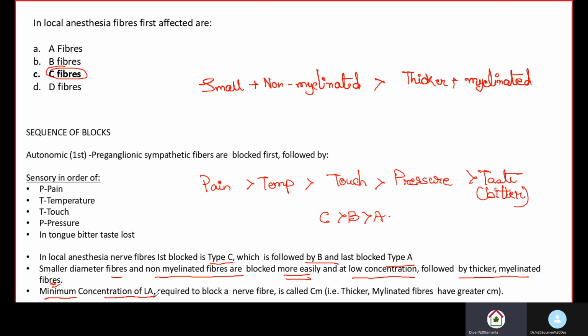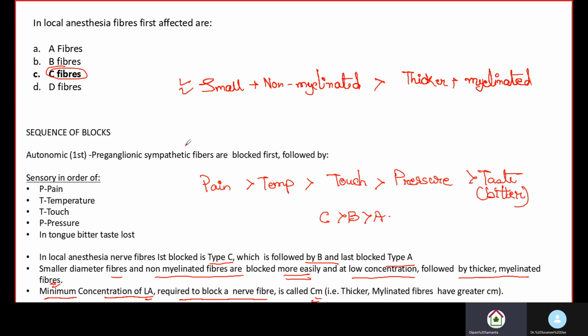Minimum concentration of local anesthetic required to block a nerve fiber is called Cm. Minimum concentration is denoted by Cm, concentration minimum.